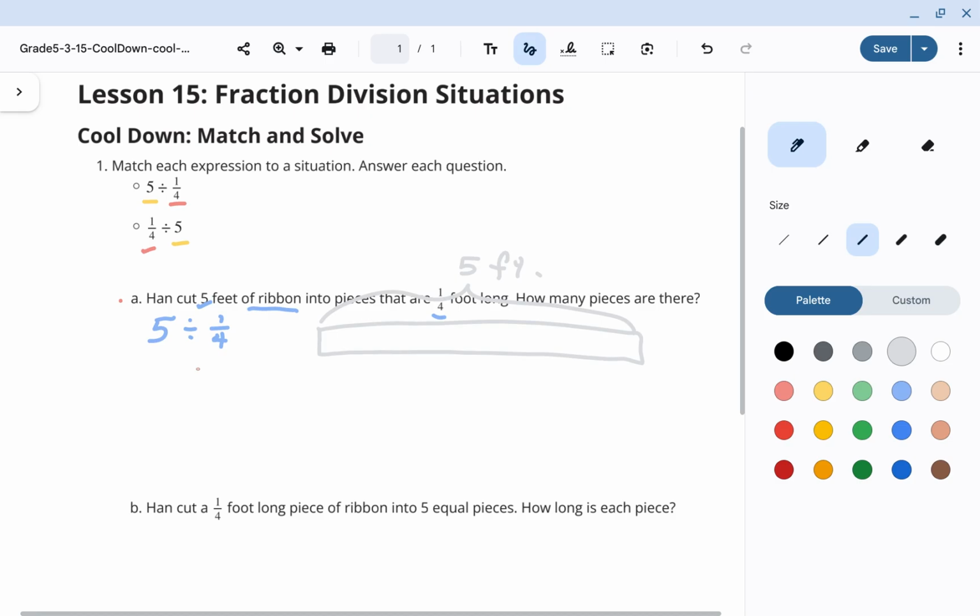So the first thing that I'm going to do is show my tape diagram being 5 feet. So now I see 1, 2, 3, 4, 5. I see 5 pieces in my ribbon.